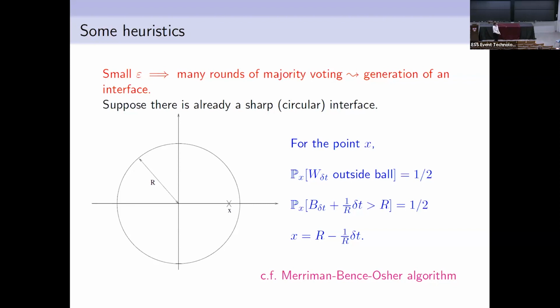And that's saying I move in according to the curvature of that circle, 1 over R. So that's where the curvature flow comes from in this argument. And I think it's rather nicely elucidated by the stochastic representation. And that can be compared to something called the MBO algorithm, which is used for numerical generation of motion by mean curvature.